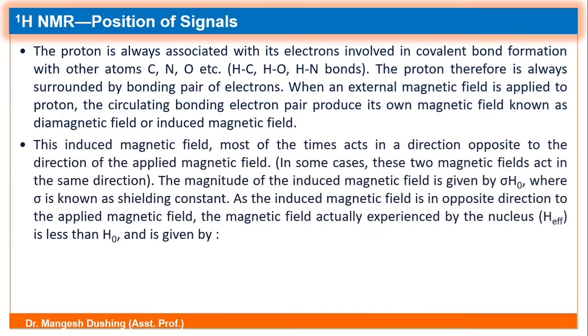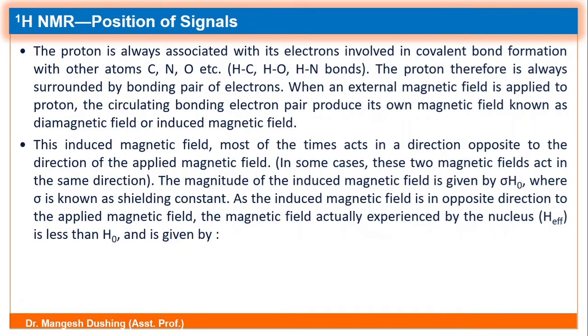And this induced magnetic field most of the time acts in the opposite direction to the applied magnetic field. In some cases these two magnetic fields are in the same direction, but most of the time the induced or diamagnetic field produced by the revolving electrons around the nucleus is opposite in direction to the applied magnetic field.